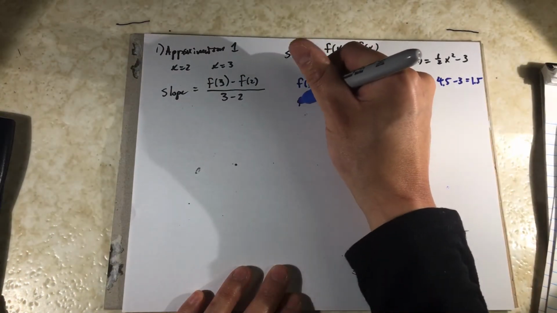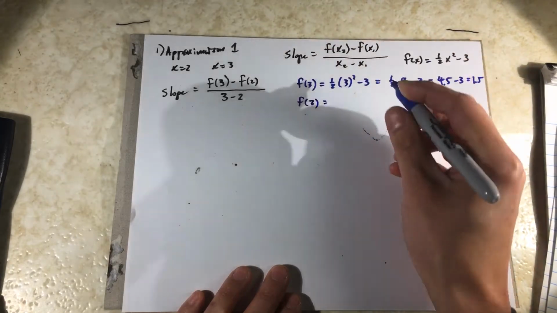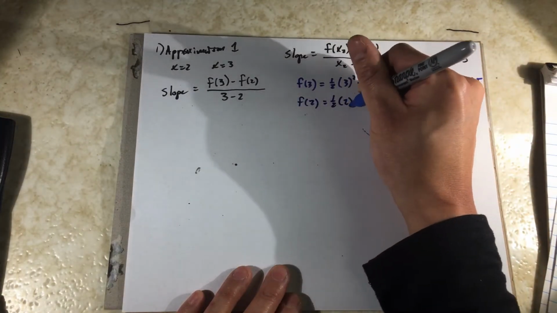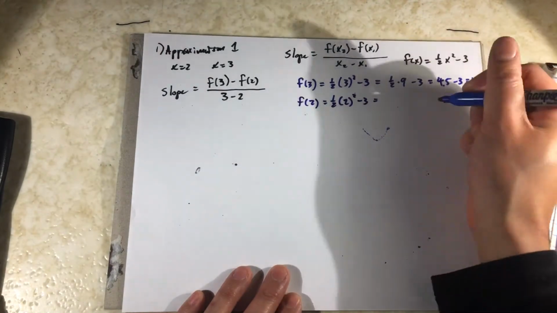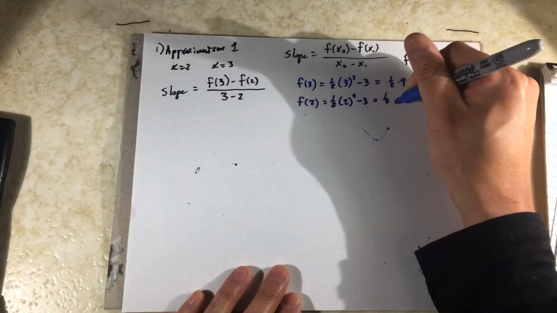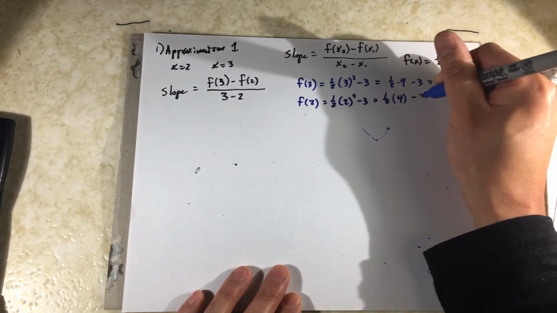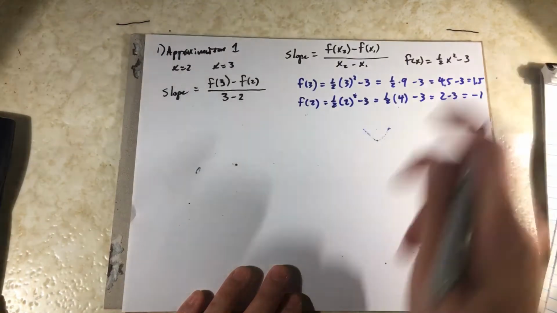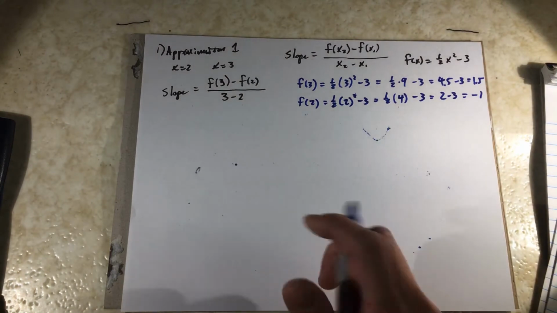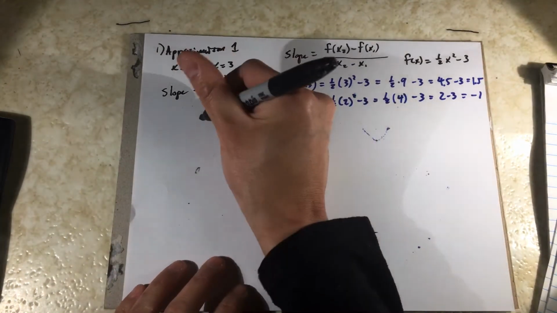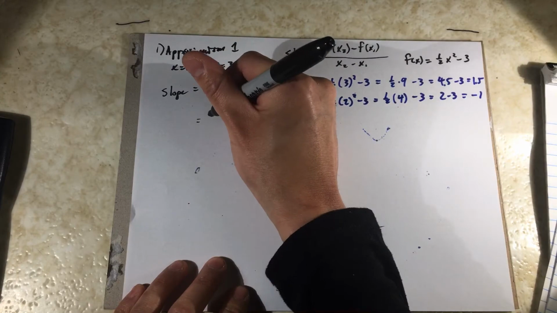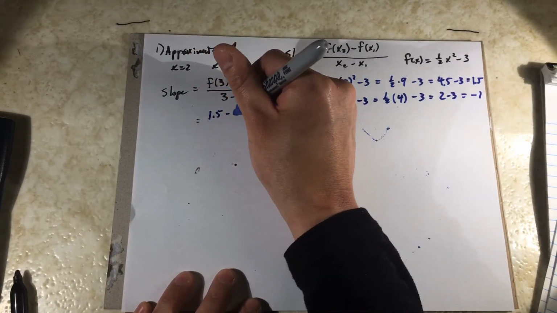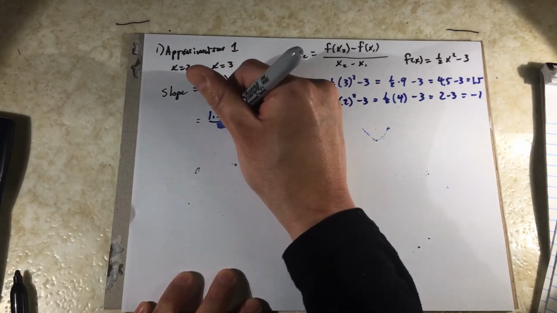Then let's calculate f of 2. So again, we take this function and plug in x equals 2. 1/2 times 2 squared minus 3. So this is 1/2 times 4 minus 3. 2 squared is 4. And this is 2 minus 3, which is minus 1. So if we plug that in here for our slope, we get 1.5 minus -1 over 3 minus 2.